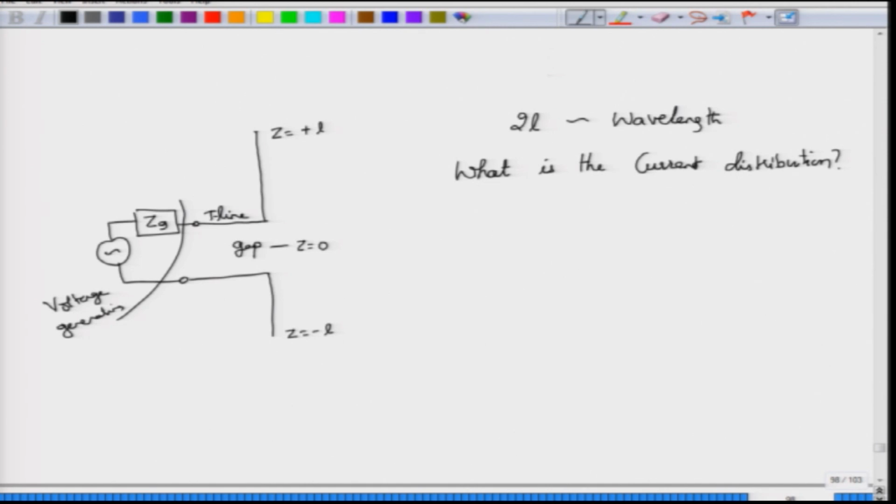If you make this into an even more practical antenna, and instead of assuming thin wires, you assume them to have some finite thickness, because a copper wire will have some finite thickness, and the copper will also not be a perfect conductor, there will be some losses. And if you consider that more practical scenario, then finding the current distribution is almost impossible. In fact, it has not been possible for us to determine what the current distribution is.